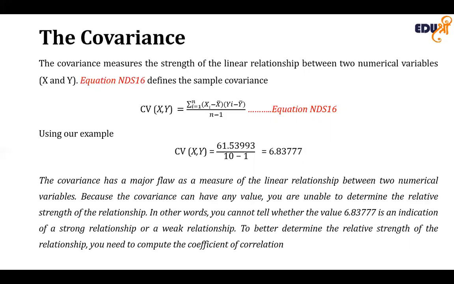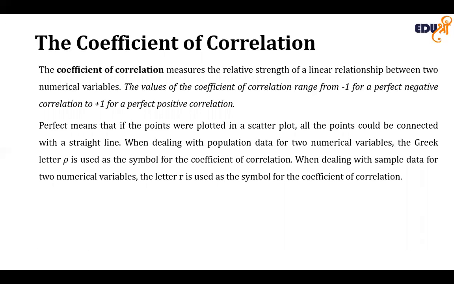of correlation. The coefficient of correlation measures the relative strength of a linear relationship between two numerical variables. Its values range from -1 for a perfectly negative correlation to +1 for a perfectly positive correlation. Perfect means that if points are plotted on a scatter plot, all the points would be on a straight line.